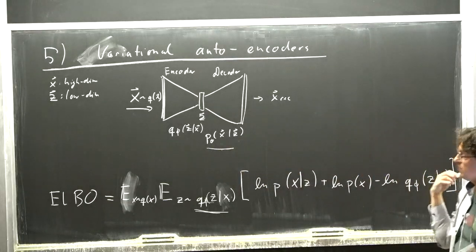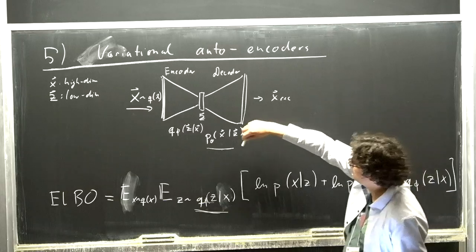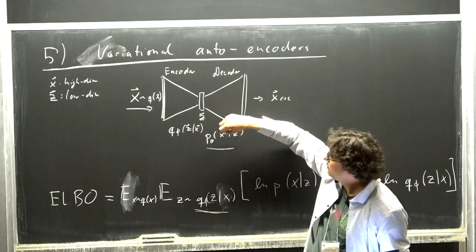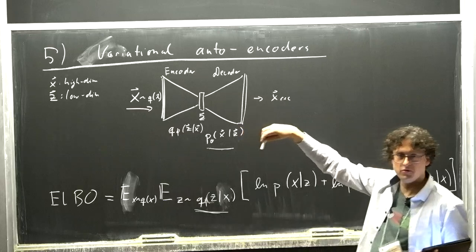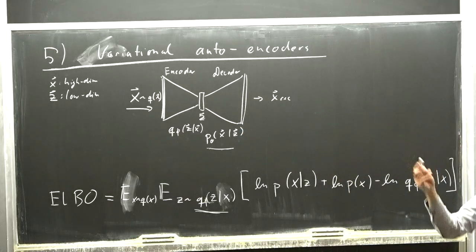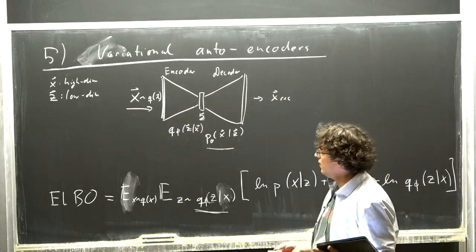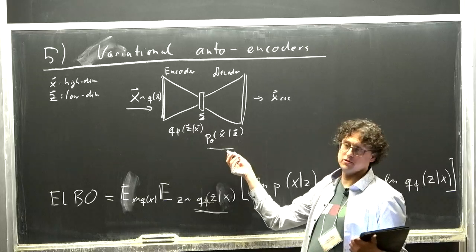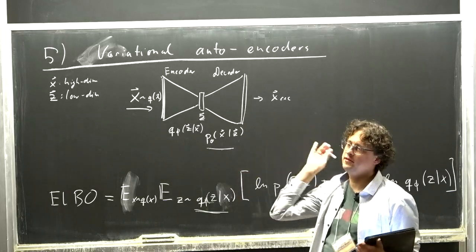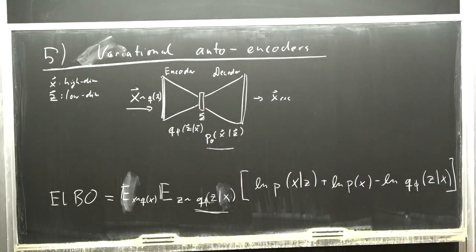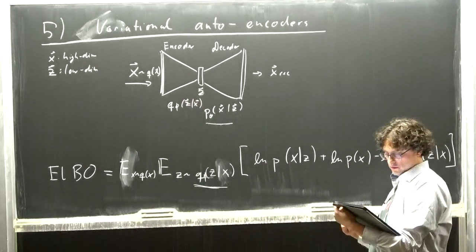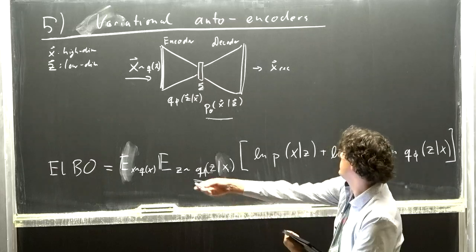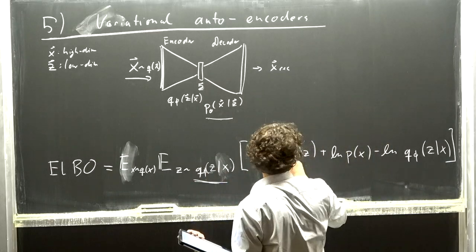In the examples that we had yesterday and that you had in the homework, in the tutorials, P of X given Z was actually a physics simulator, right? The thing that was throwing balls. But in principle, you could parameterize this also as a neural net that goes from 10D to 100D. Typically, this would be a deconvolutional neural net or something that depends on context, but a learnable deep neural net.